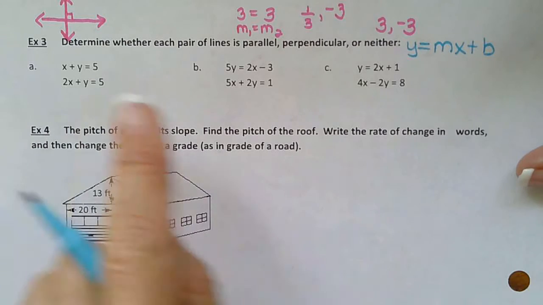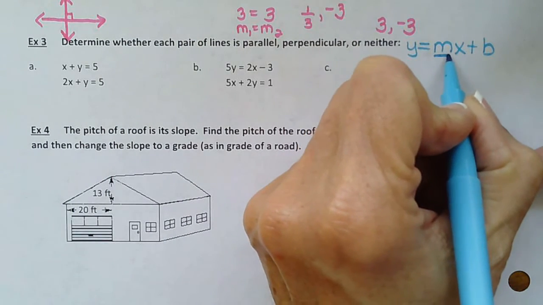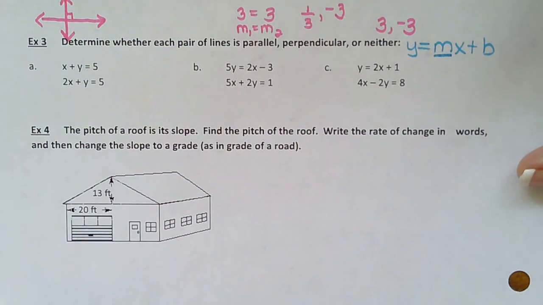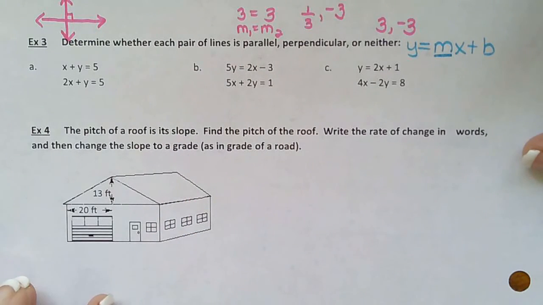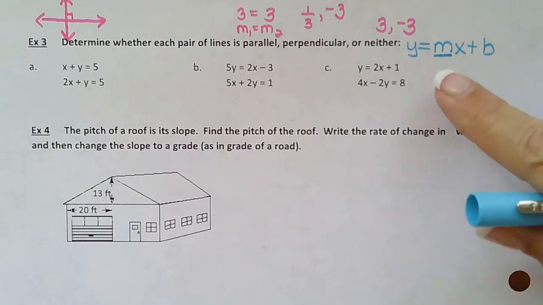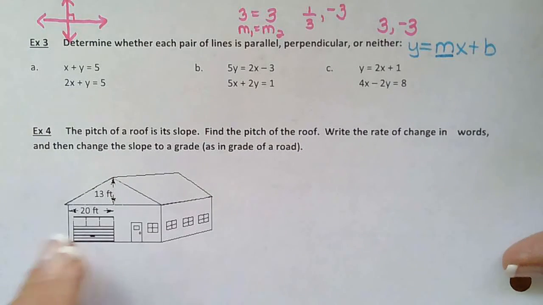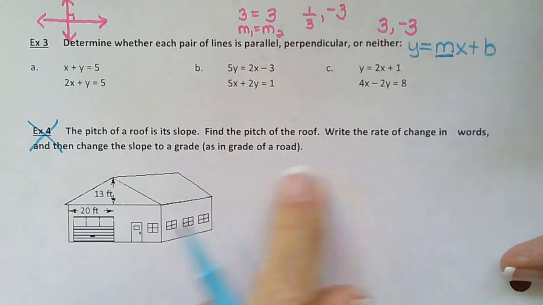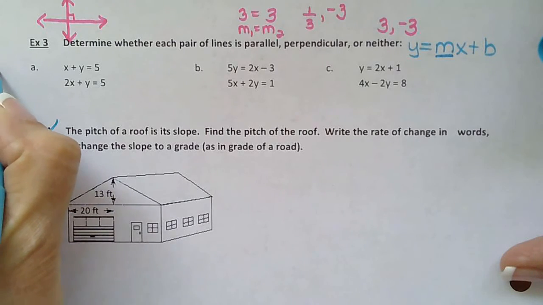So you have to make all the lines look like this, and then you look at what's in front of the x, and that's how we can decide. That's the only thing we know about parallel, perpendicular, neither: it's about their slopes. So that's how you would know to solve for y, because you want to compare their slopes. We're not going to do example 4, so we can use that room down here. This is going to go back to what we learned in chapter 5.